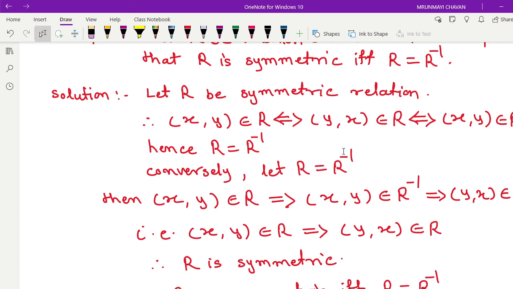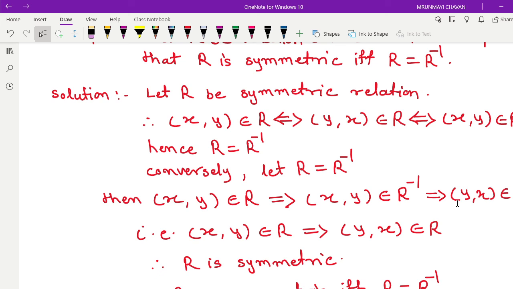So now let us take the converse part, that is, let R be equal to R inverse. Now we have to show that R is symmetric. For that, let the pair (x, y) belong to R. This implies that (x, y) belongs to R inverse because R is equal to R inverse.